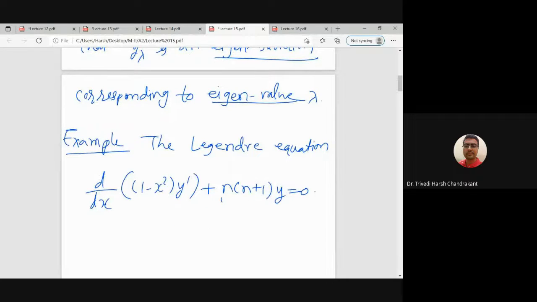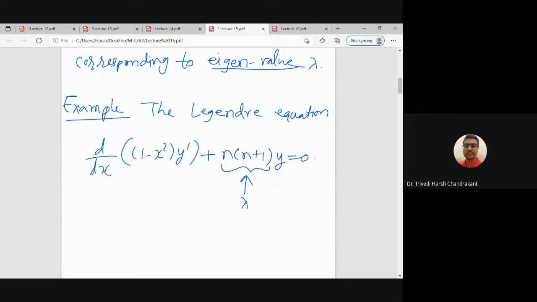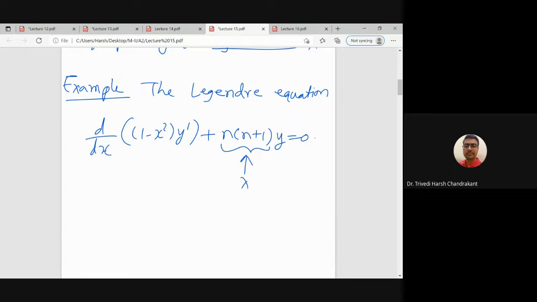So here this number is lambda. So either we take lambda y in this equation and then take a special case lambda is equal to n(n+1). That also we can do.